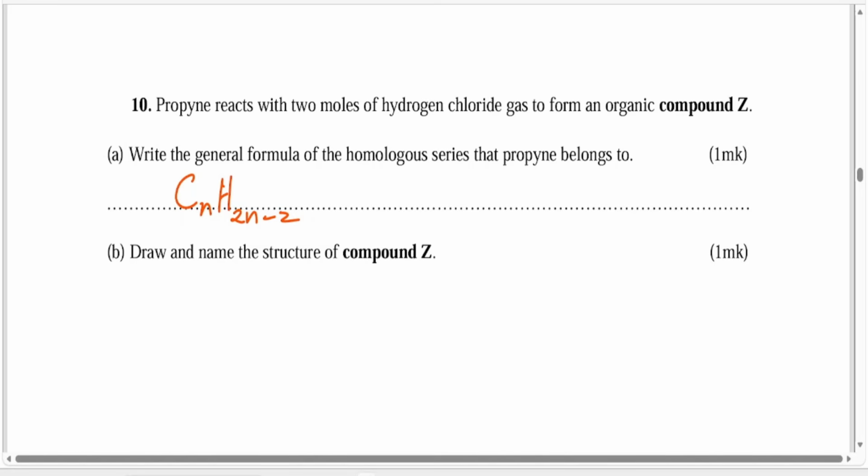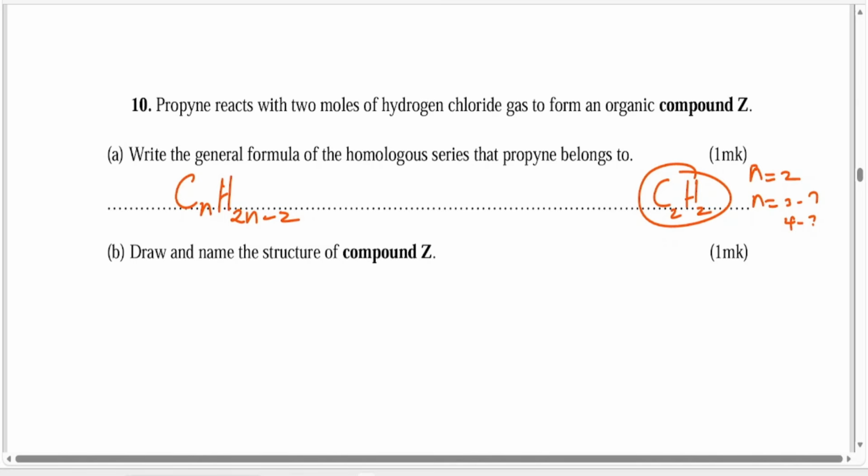And that is the reason ethyne shall be C2H2, when n is equal to 2. You can find out when n is equal to 3, when n is equal to 4, when n is equal to 1,000, when n is equal to 50, and this formula will help you obtain any alkyne in that particular homologous series.